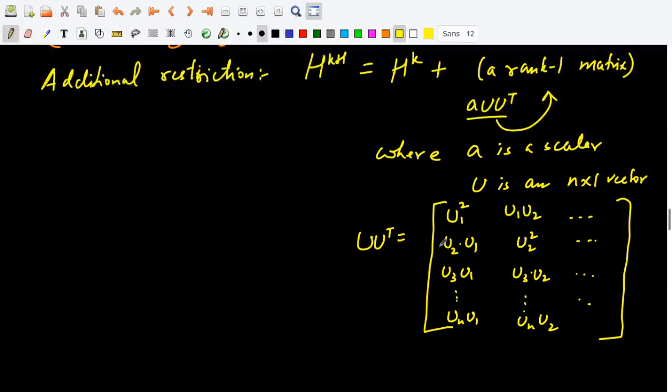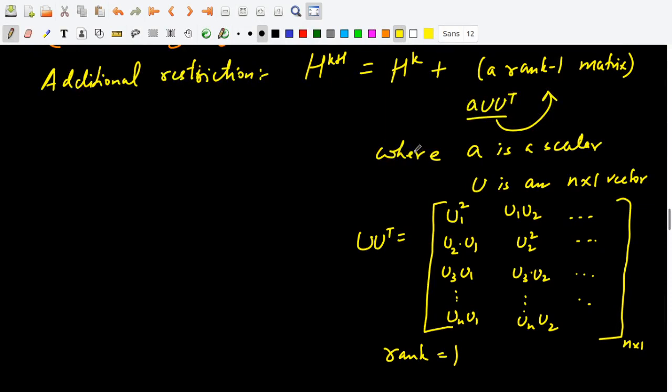So that means the rank of this matrix is going to be 1. Okay. So that is why this method is called a rank 1 method.